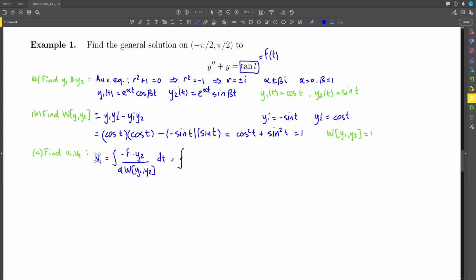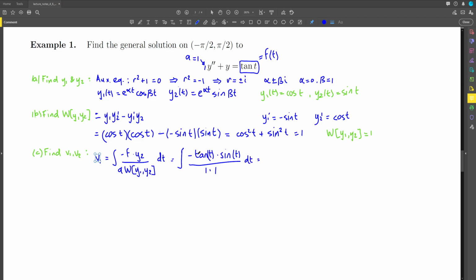So our integral is negative tangent of t times y2, which we found to be sine of t, and then over a, which is the leading coefficient here. So we see that a equals 1. And so we're dividing by 1 times 1. The Wronskian we found to be 1.